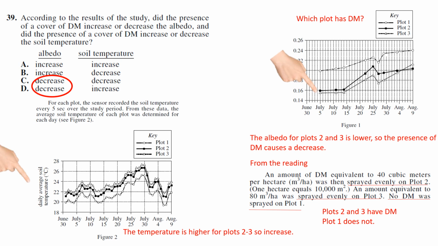The temperature is higher for plots 2 and 3, so there is an increase. So your answer is D. And that's just a lot of information to process on a timed test towards the end of the test. It's a tricky question because of that reason.